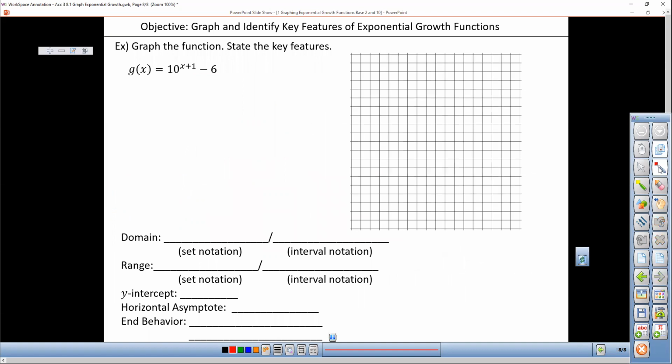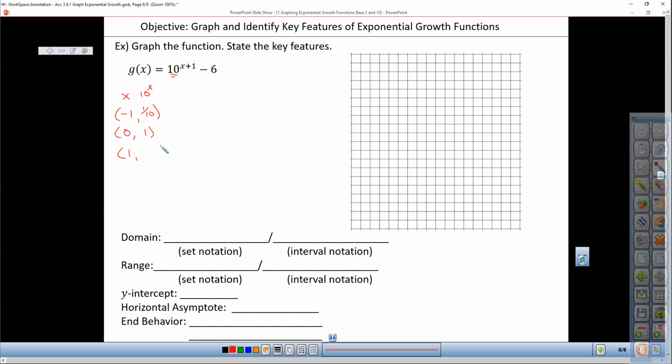All right, so here's our function with now a base of 10. So I have my key points, which are going to be those powers of 10. So I'm just going to use an x of -1, 0, and 1. So 10 to the negative first power is 1/10. This is coming from 10 to the x. Anything to the 0 power is 1, and 10 to the first power is 10.